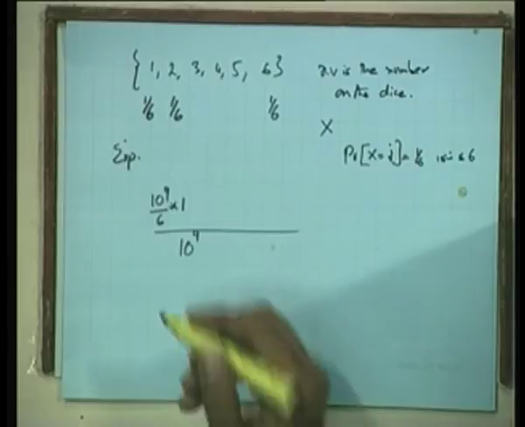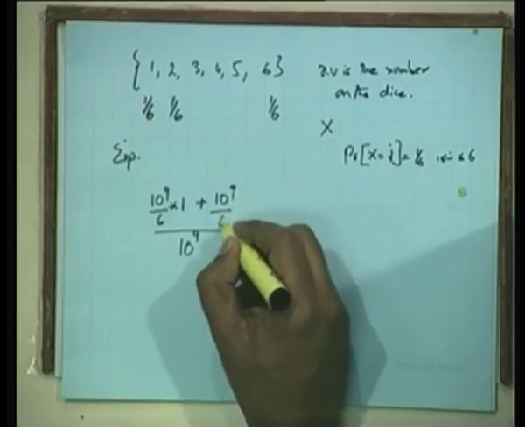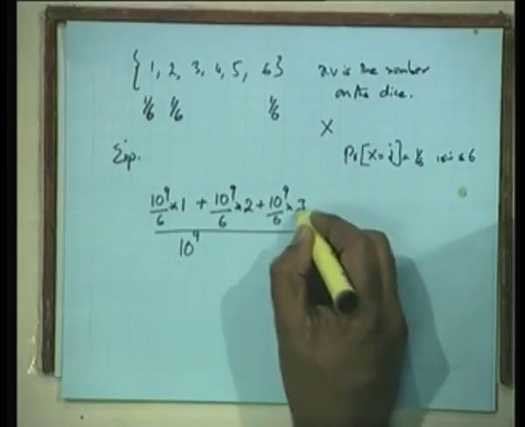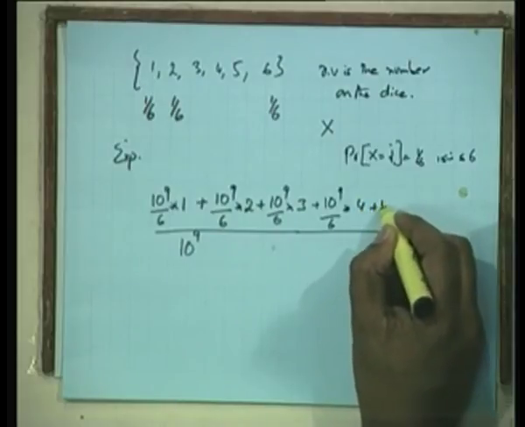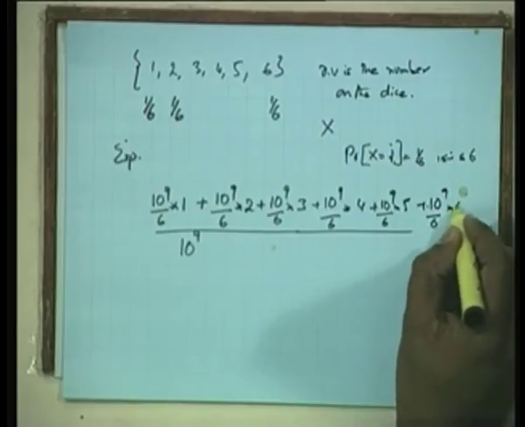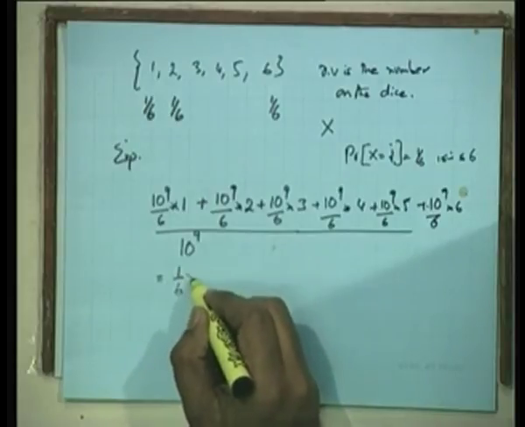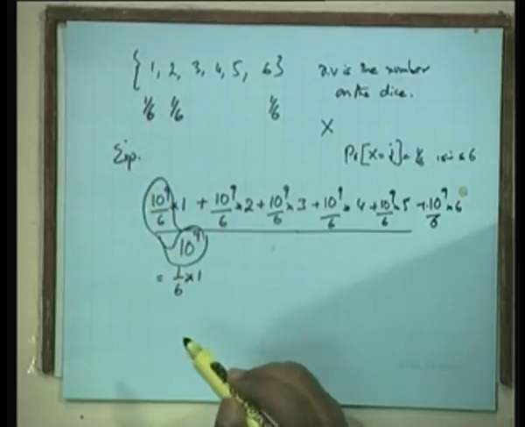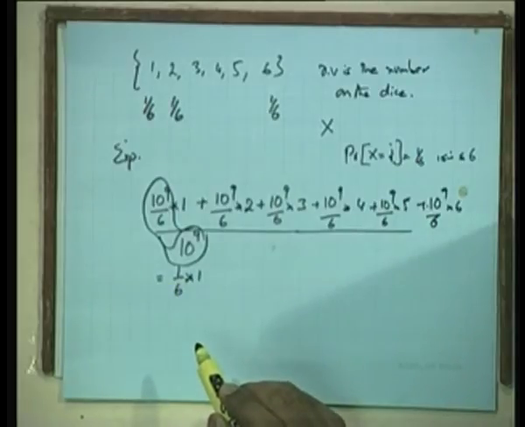If I am looking at the sum of the outcomes, this will be one sum. How many times do you see a 2? How many times do you see a 3? And so on. So let me just complete this. Which is exactly the same as saying 1 by 6 into 1. This quantity here, what is this quantity? This is just the probability of the event that X equals 1.